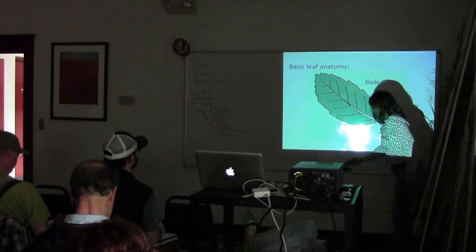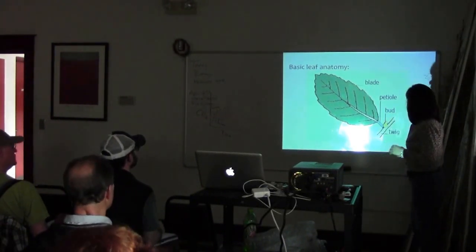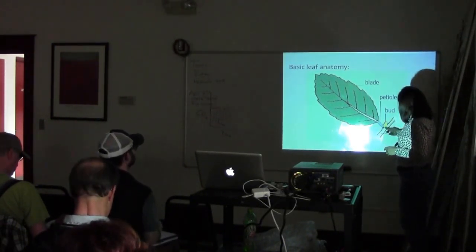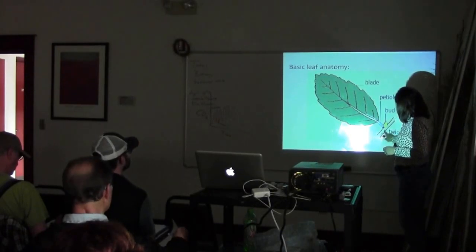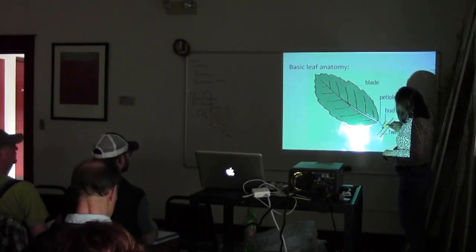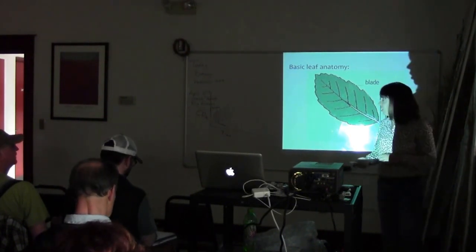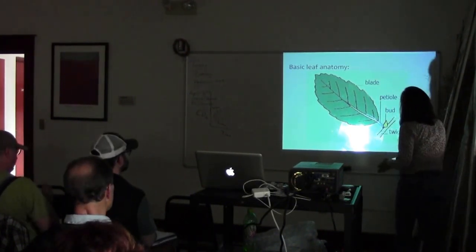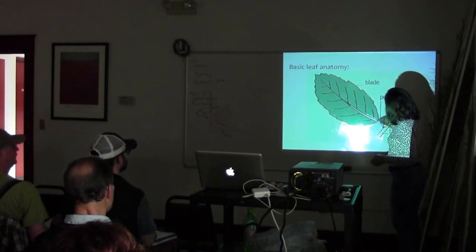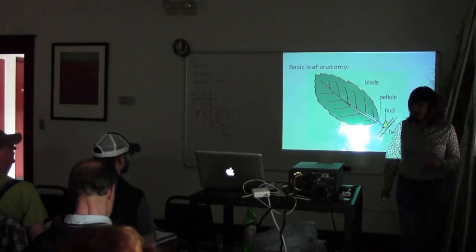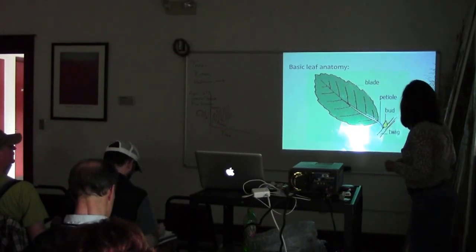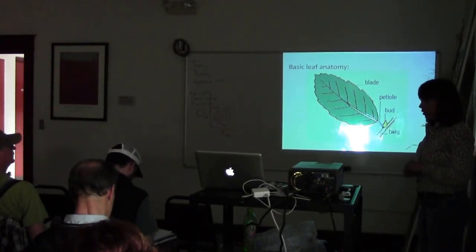The basic structure of a simple leaf. Point out a couple of things. Where the leaf is attached to the stem, you will have a bud. This is next year's bud. And the bud is going to be at the axil between the stalk of this year's leaf and the twig. That's important. You're going to have a bud at the base of every single leaf.